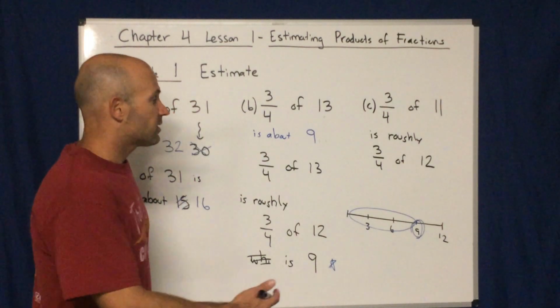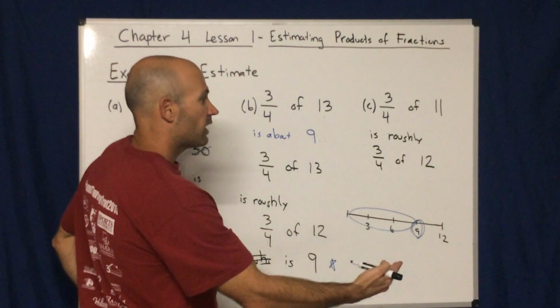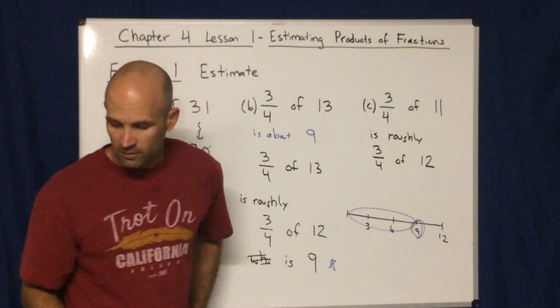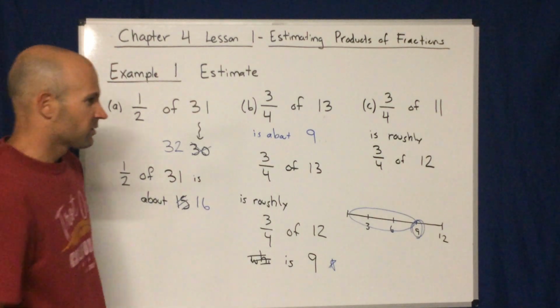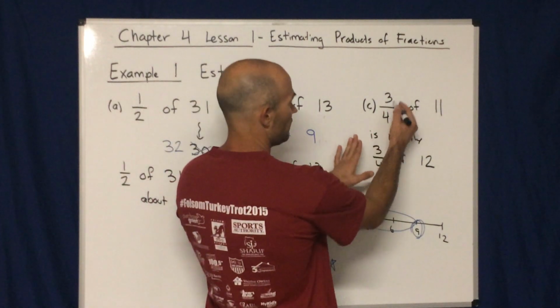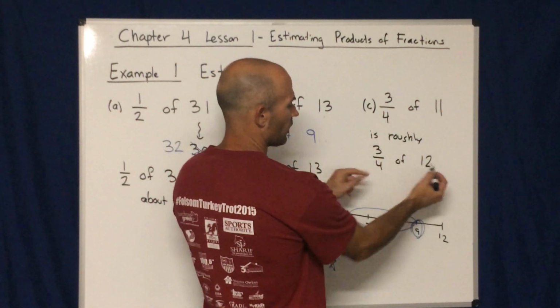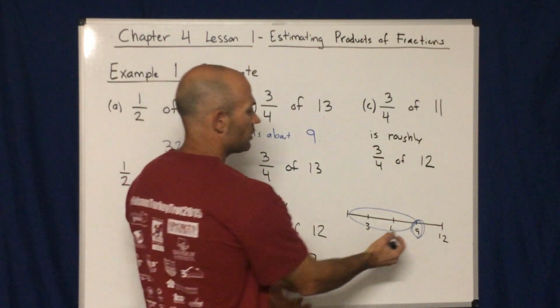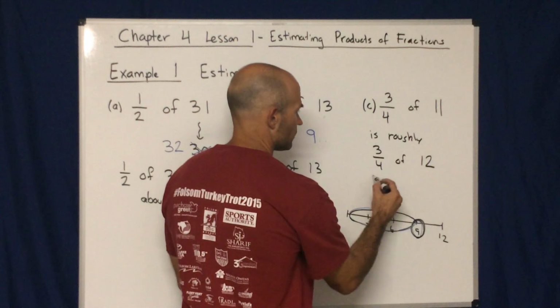Nevertheless, when we do our estimates, the idea is I'm trying to pick numbers that are easy to work with, and the trade-off is I lose a little bit of preciseness in my answer. So for C, 3/4 of 11 is roughly the same as 3/4 of 12, and we computed 3/4 of 12 to be 9.